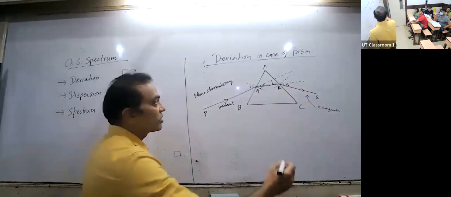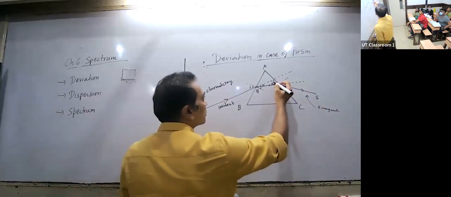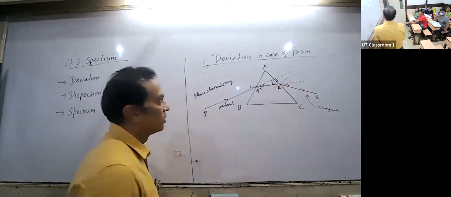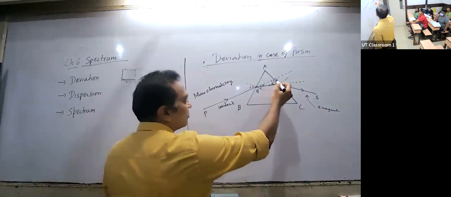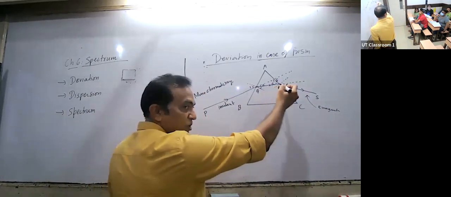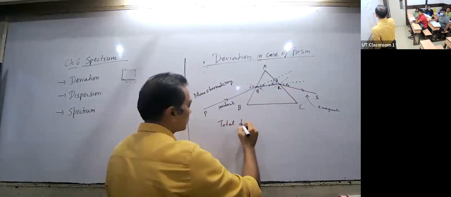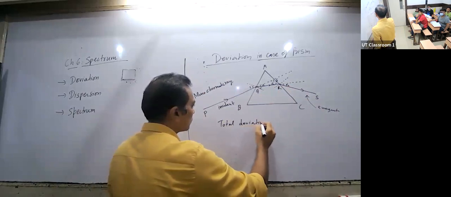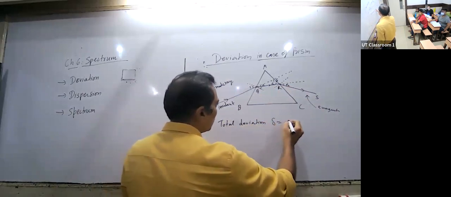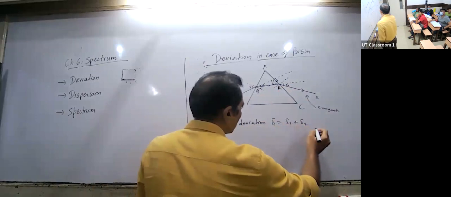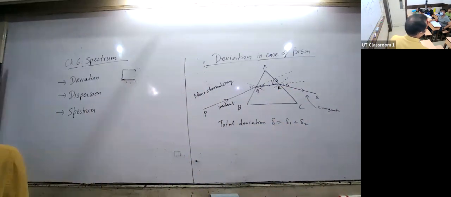This is the total deviation. The exterior angle will be equal to the sum of interior opposite angles. So total deviation is equal to delta 1 plus delta 2. Is it understood?